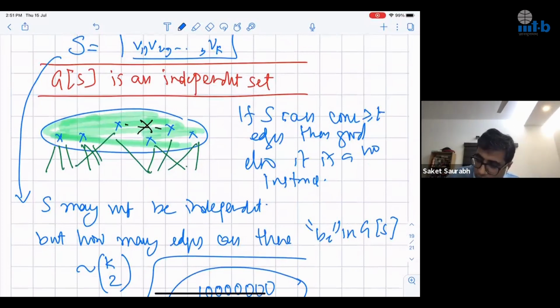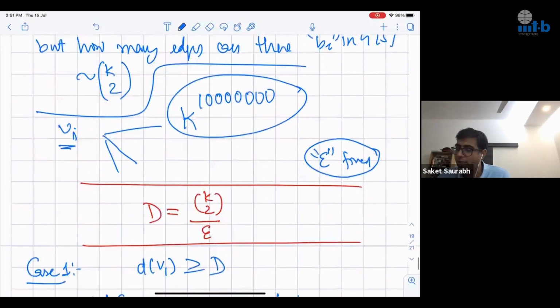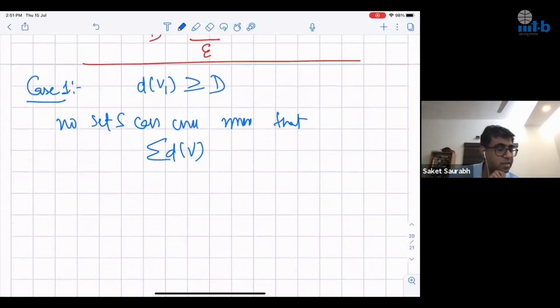If I just count the degrees, there are some edges which are double counted. Whatever bound we get, that is an upper bound on what any set of size k can cover. Now I would like to exploit that in designing my algorithm.